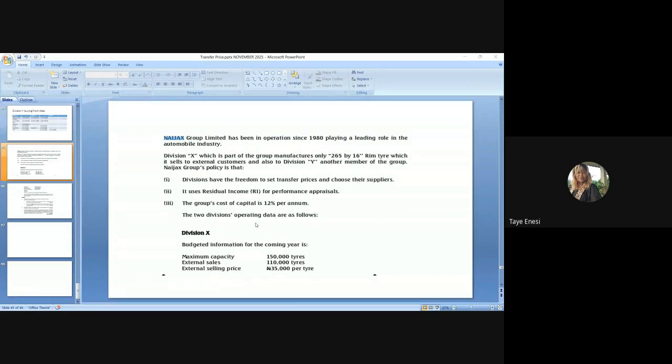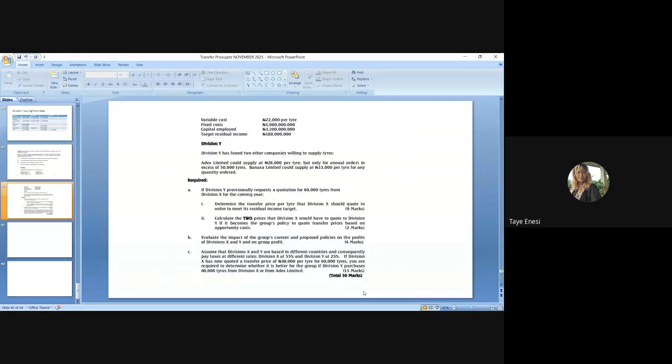Division X, budgeted information for the coming year: maximum capacity, external sales, external selling price, all are figures. Division Y. Division Y has found two other companies willing to supply tires.